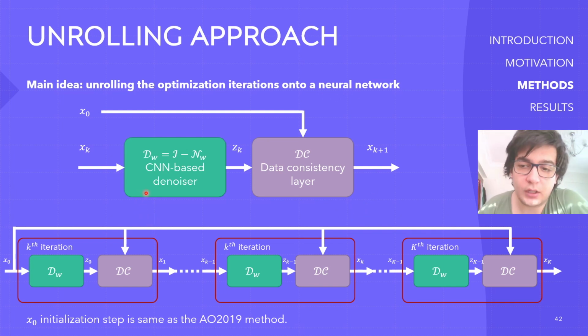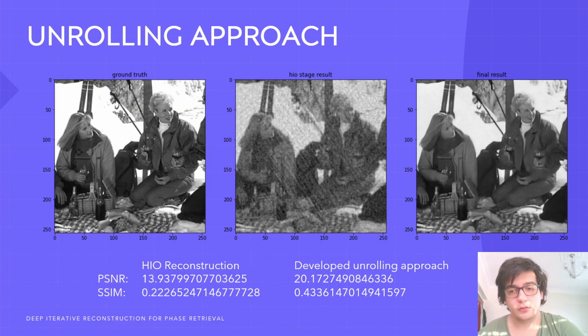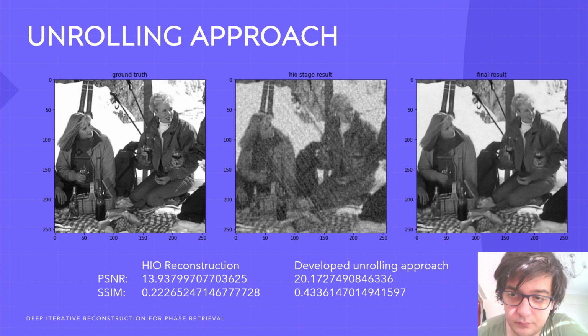In this basic block, we have a denoising step, in which we use a CNN-based denoiser, and we also have a data consistency layer, in which we use the HIO algorithm, and we combine many of them in a network and train this network. Also, we should note that this x0 is initialized with the same procedure used in the applied optics method. So the results can be seen from here.